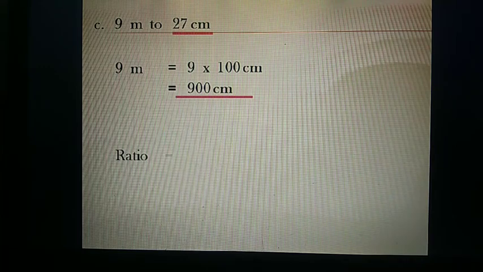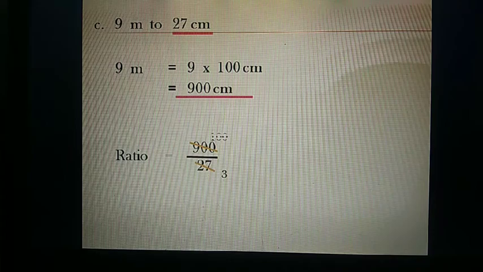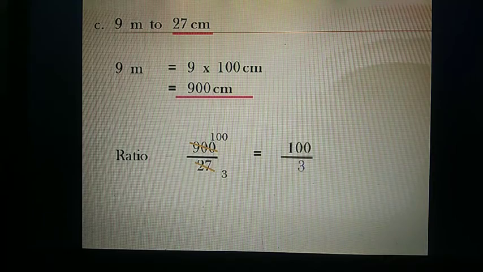We can find the ratio. 900 upon 27. Highest common factor here is 9. It's 9 threes are 27, 9 hundreds are 900. Yes, finally we can write it as 100 upon 3, which means 100:3. This is your answer.